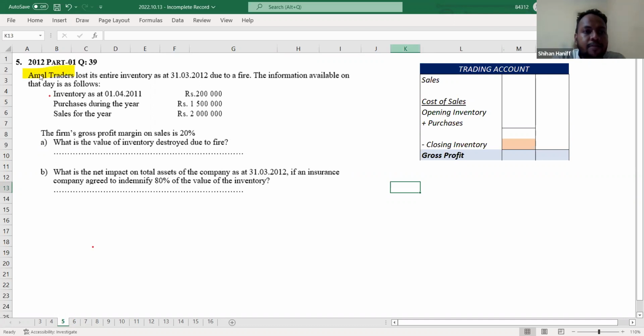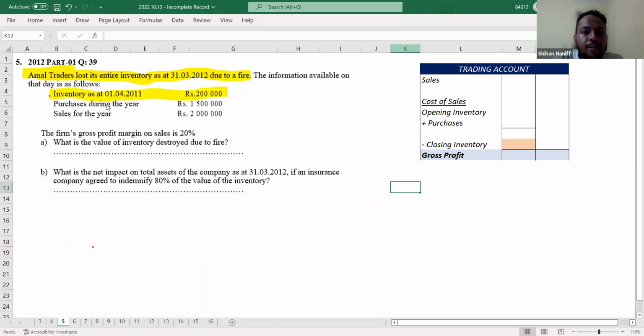Amal Traders lost its entire inventory as at 31st March 2012 due to a fire. This is also the same as the earlier one. The previous one was due to the flood. This is fire. An entire inventory is lost.